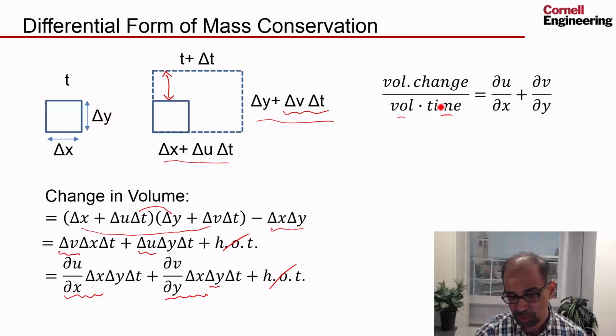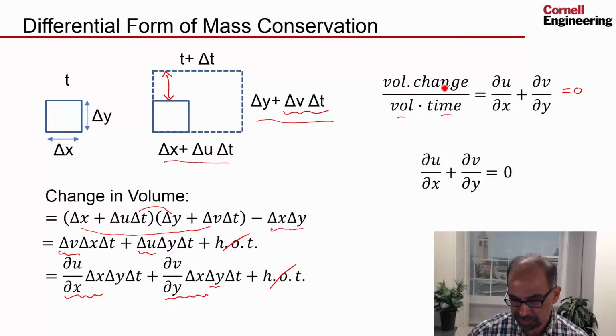So that's the rate of volume change per unit volume. And on the right hand side, I'm left with du dx and dv dy. And that has to be 0 if the volume of the particle cannot change. So I get my mass conservation equation: du dx plus dv dy is equal to 0.